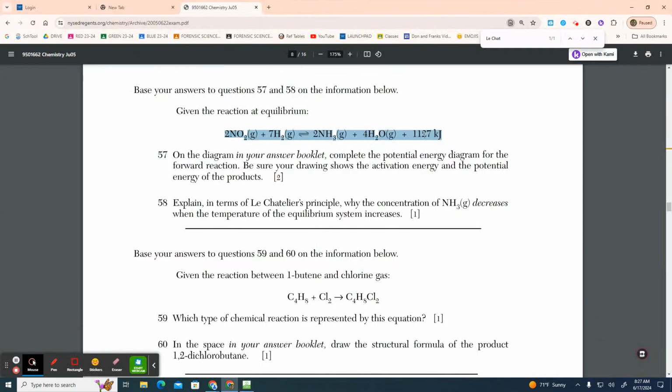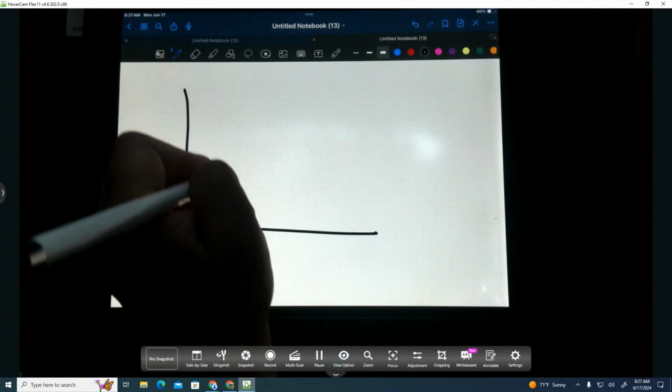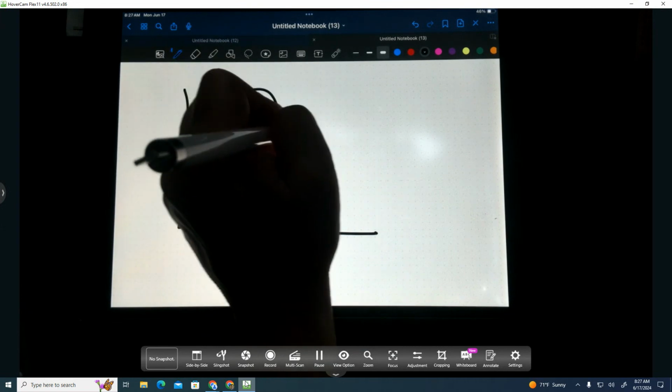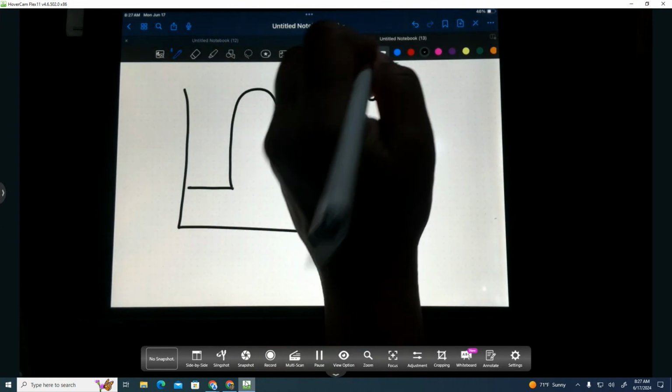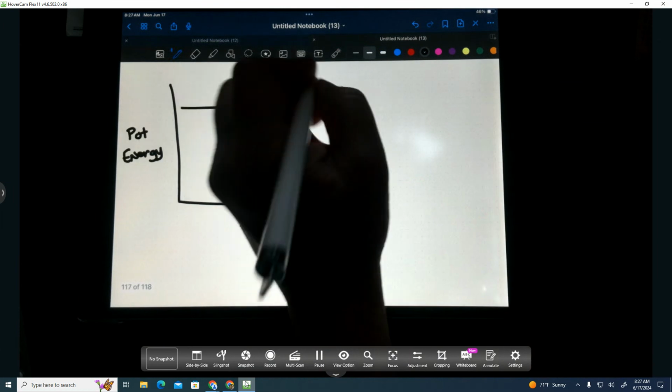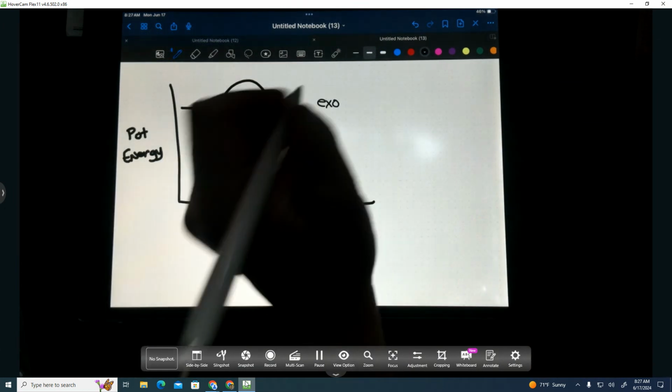If this 1127 was on this side, it would be endothermic, yes? And it would have looked like this. Okay? This is an endothermic graph. This one is an exothermic graph.